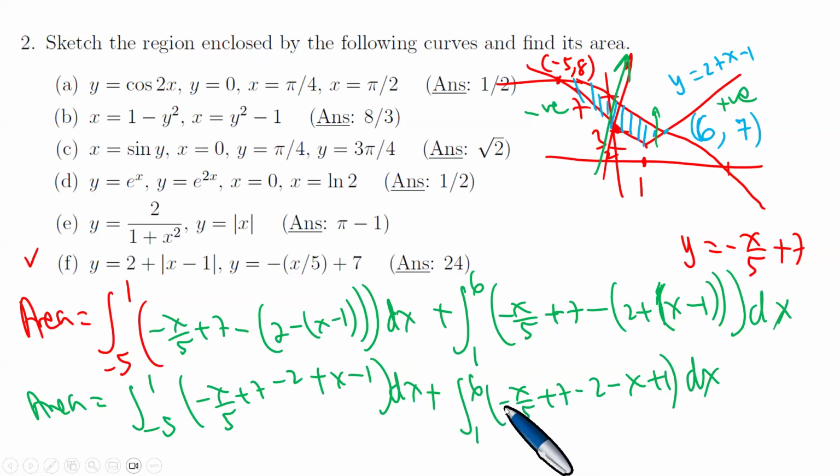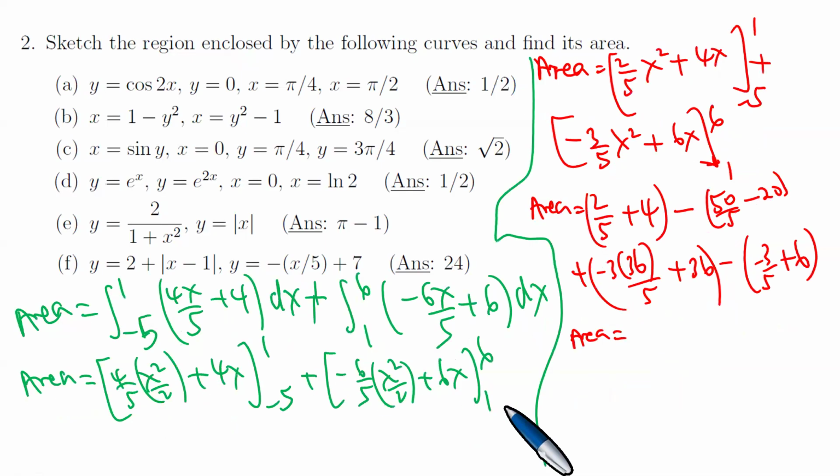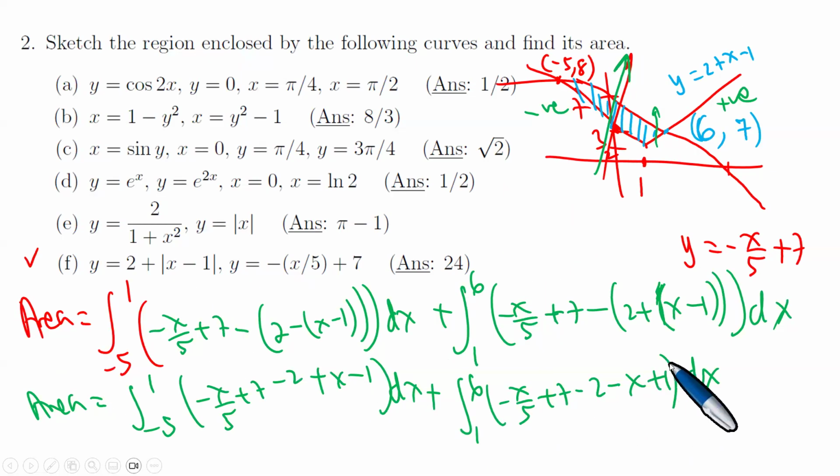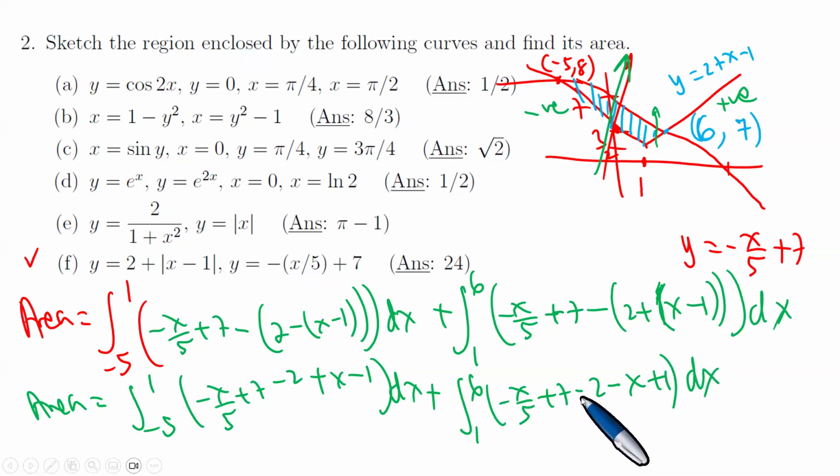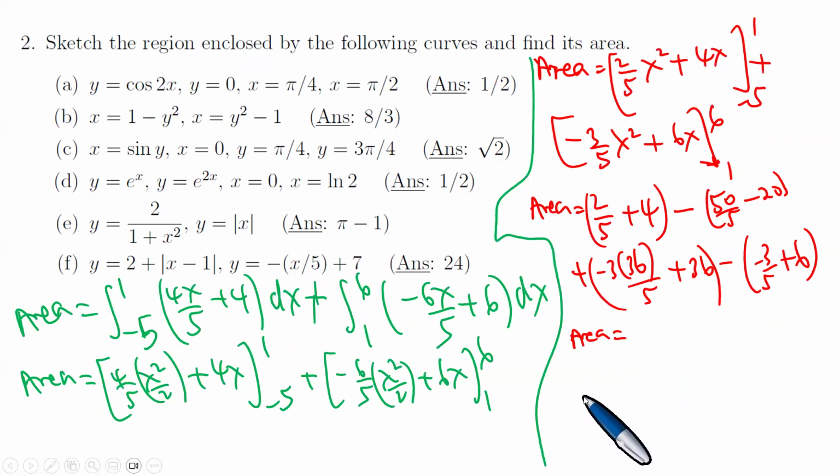So minus 1 to 5, then you have 4 over 5, then you have a 4 like that. 1 to 6, this one, which is 6 over 5. 7 minus 2 is a 5 plus 1, it's a 6.